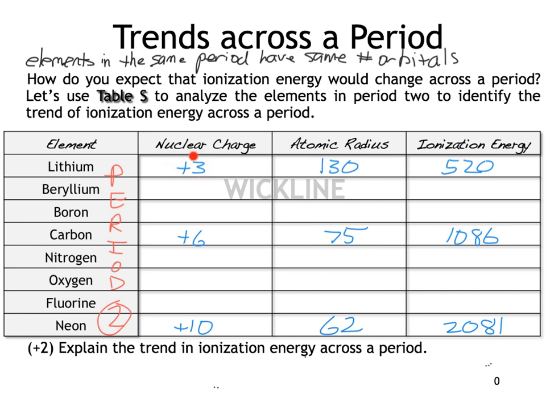So the smaller nuclear charge, meaning the fewer the protons, the more the electrons get to spread out. See, electrons are attracted to protons, so the fewer protons you have, the more the electrons will leave the nucleus, the more they will spread out from the nucleus, and the radius will be larger as a result.